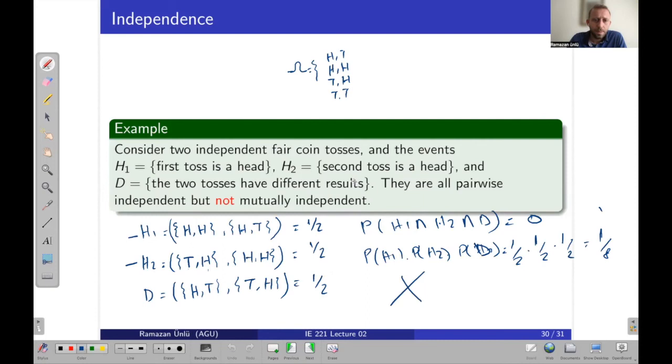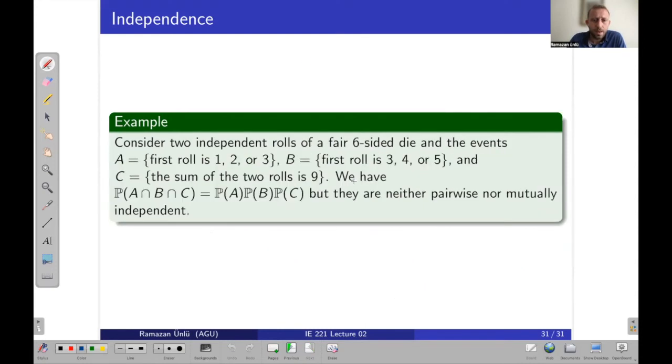Let's look at another example. In this example, we have two independent rolls of a fair six-sided die, and we define some events. Event A: the first roll is 1, 2, or 3. Event B: the first roll is 3, 4, or 5. And event C: the sum of the two rolls is 6.